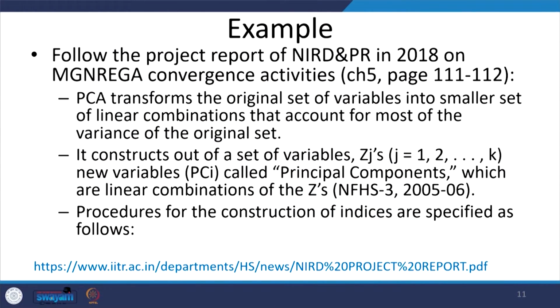It constructs a set of variables Zj, where j varies from 1 to k, with new variables named PC1, called principal components, which are linear combinations of these Z variables, the kth variable of the j variables.